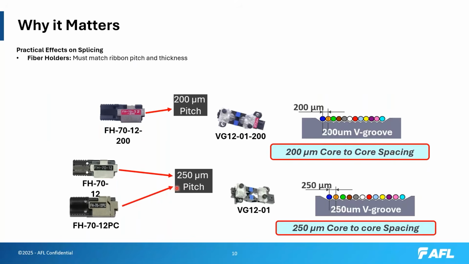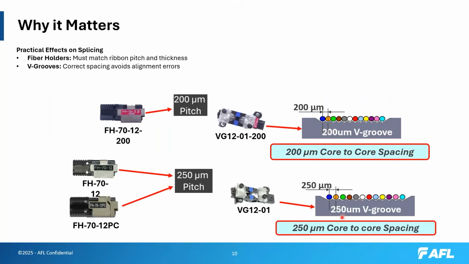Either way, core center to core center is going to be 250 microns. And then, of course, you would select the correct fiber holder, either a 200 micron V groove with a 200 micron bottom of V groove to bottom of V groove being 200 micron pitch, or the same thing for 250.